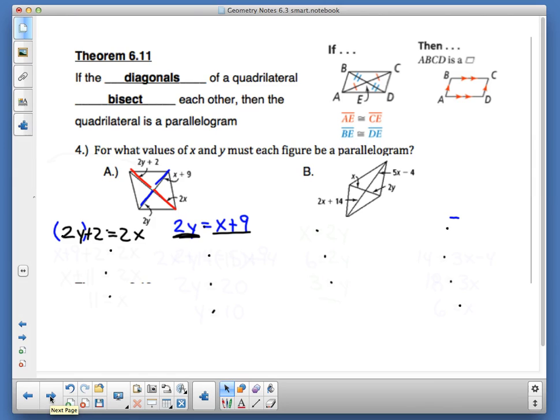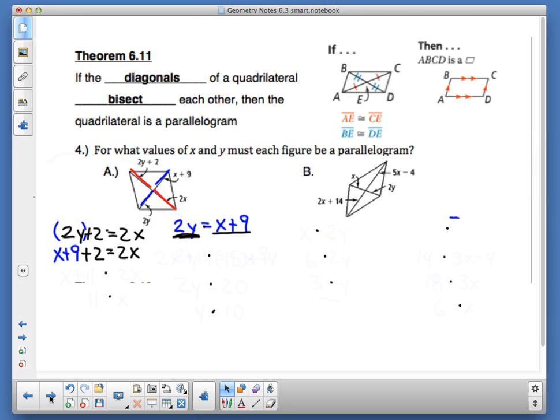Now, this systems of equations idea, it's a substitution of value. Since 2y is also equal to x plus 9, it allows me to put in the same variable in a relationship. So in for 2y, I've substituted x plus 9. Now that allows me to solve for x. And people are like, why didn't you just solve for x?